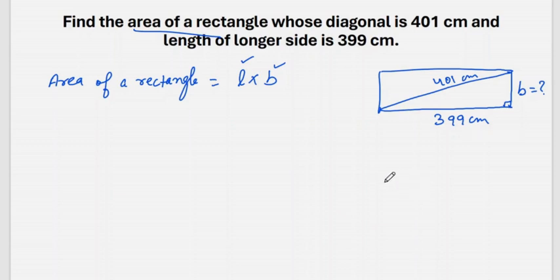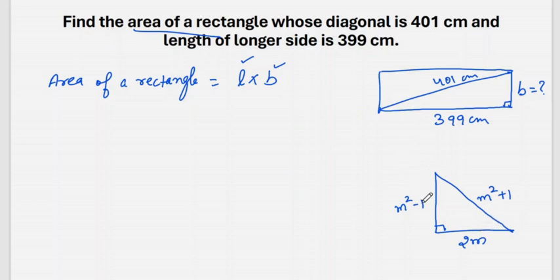If you remember the Pythagorean triplet that we have studied in class 8, if it is a right angle triangle, this is your 2m, this is your m square minus 1, and this is your m square plus 1. If you remember this, you can easily calculate.